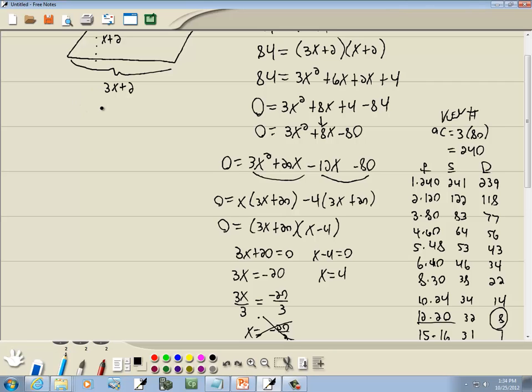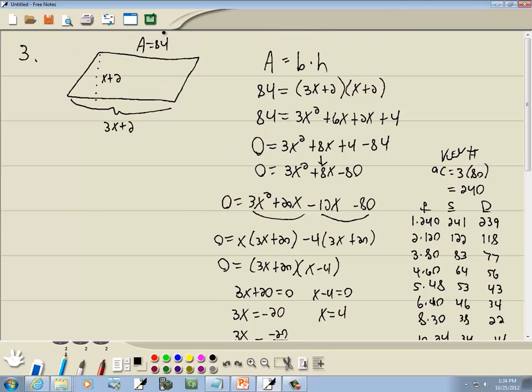So let's come up here. x is equal to 4. That means that this right here is going to be 4 plus 2, because x is 4, which gives us 6. So our height is 6. Now if I put 4 in down here, I get 3 times 4 plus 2, 12 plus 2, or 14. So our height is 6, and our base is 14.